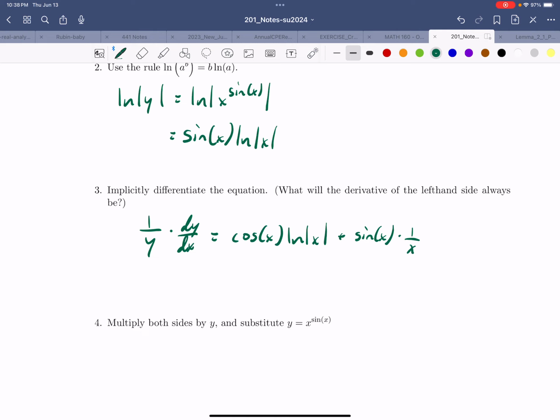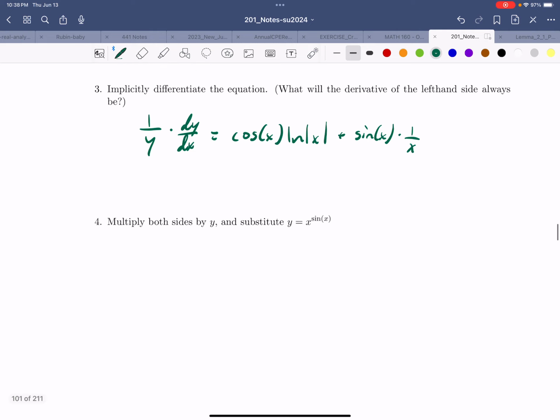But we didn't really want 1 over y times dy over dx. We want dy over dx. So it's going to be this whole thing. And I'm just going to write this as sine of x over x times y.